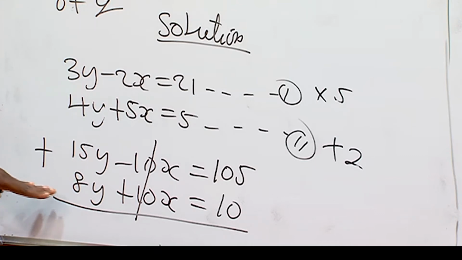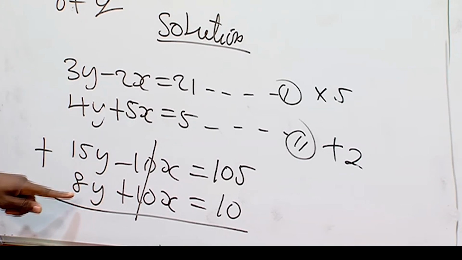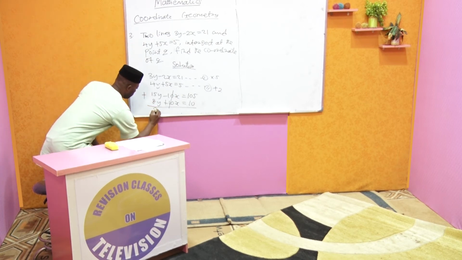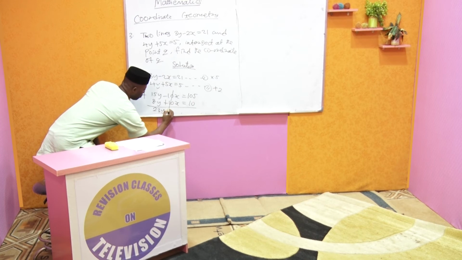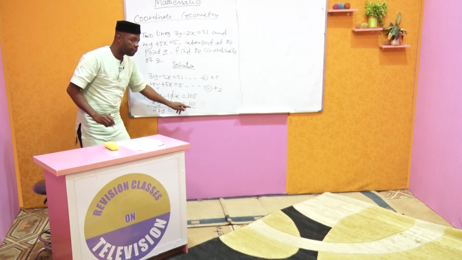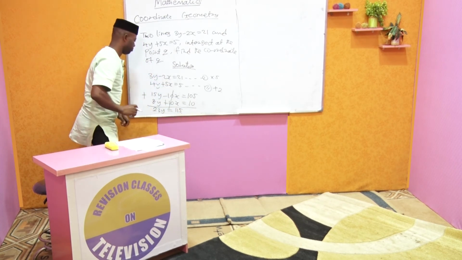We are adding. 15y plus 8y will give us 23y, equals 105 plus 10, which gives us 115.